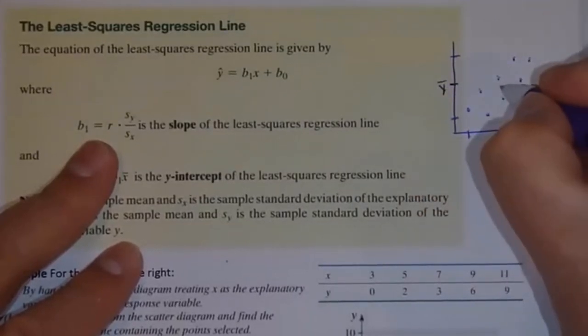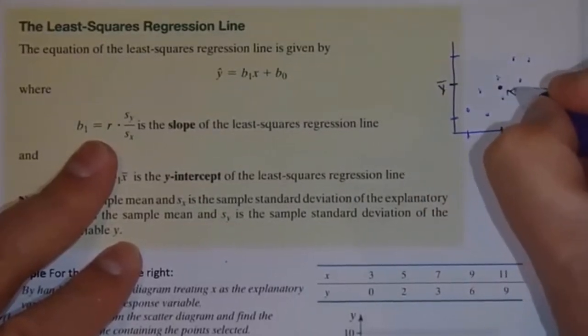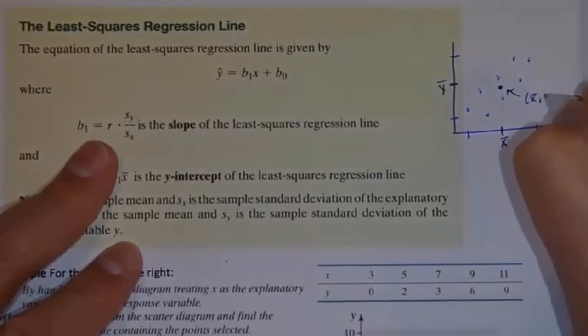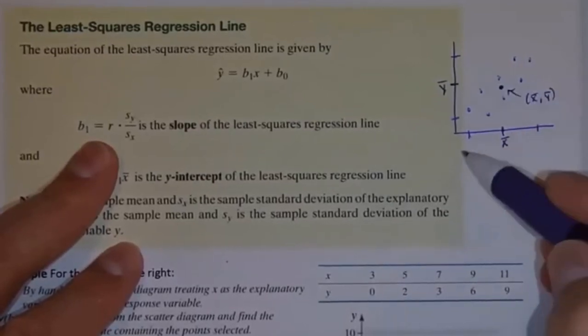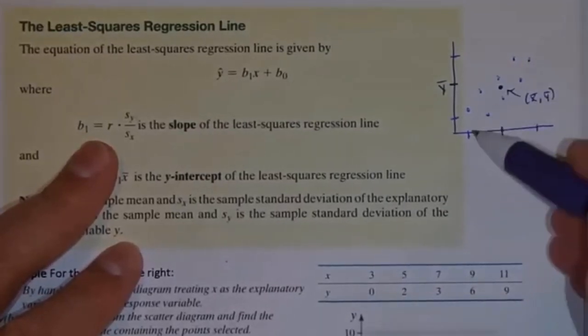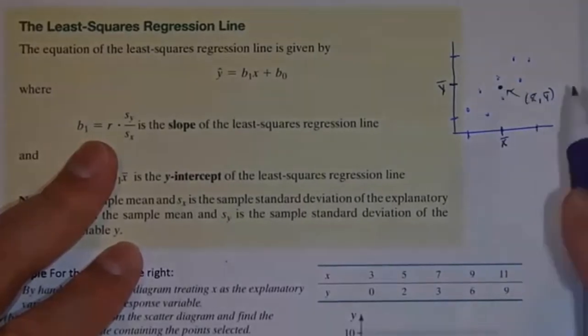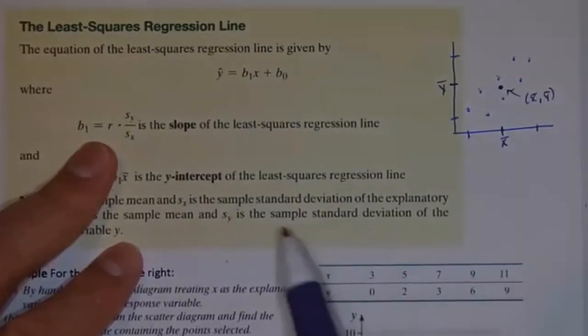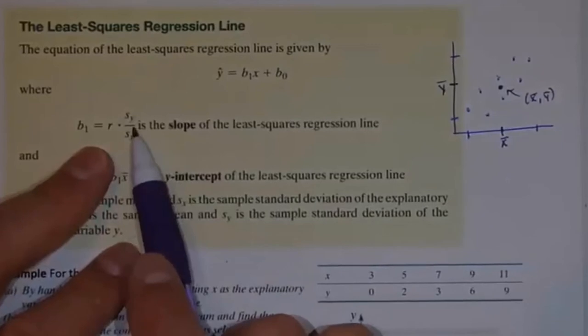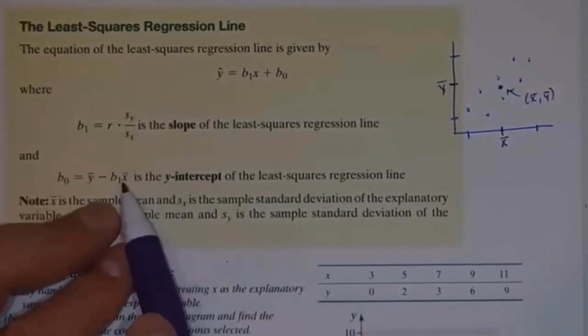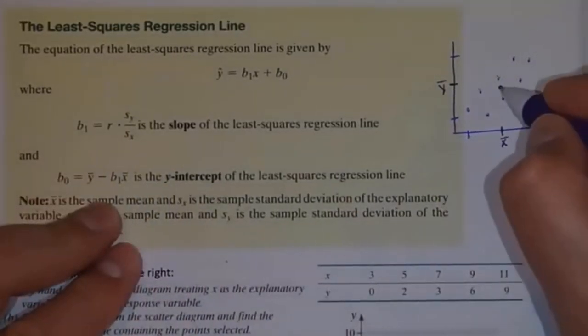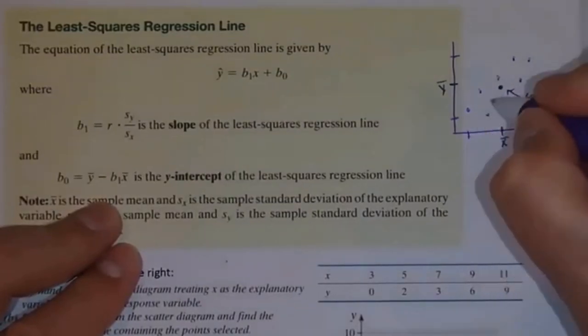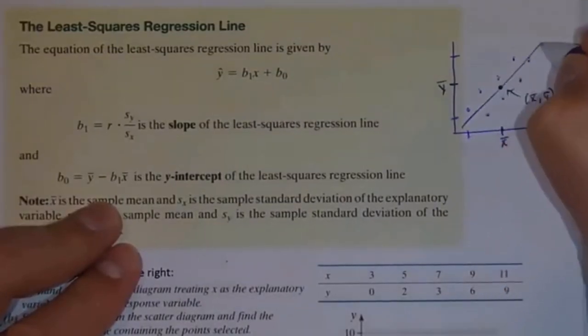So that point right there would be the point x bar, y bar. Our line that best fits the data will go through that point, the average point. So we're finding the average slope, and we're finding the average point. The line's going to go through that point and have the average slope.